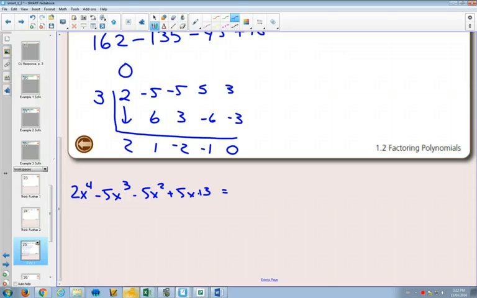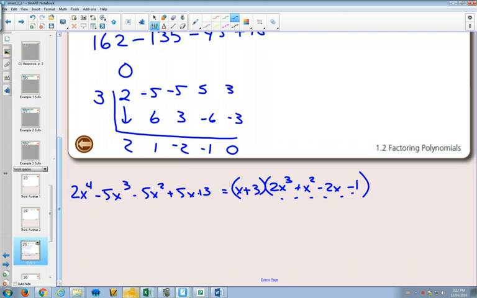It factors to x minus 3 times, and the answer is right here, 2x cubed plus x squared minus 2x minus 1, because the remainder is 0. So your division statement helps you factor it. We just factored that. I don't know if we're done factoring, because this here might be able to factor further, but we've started factoring it.